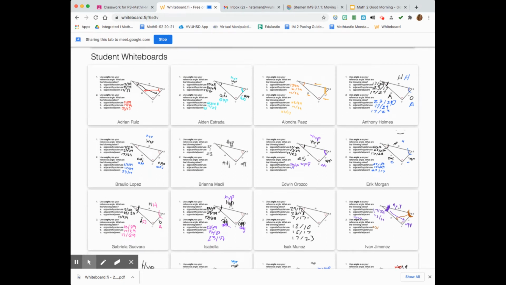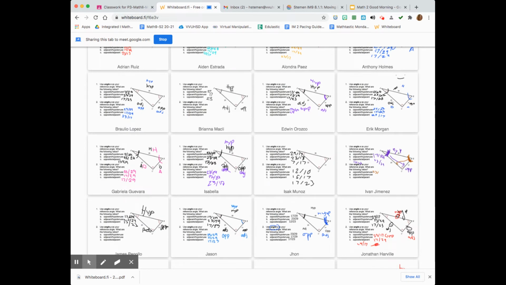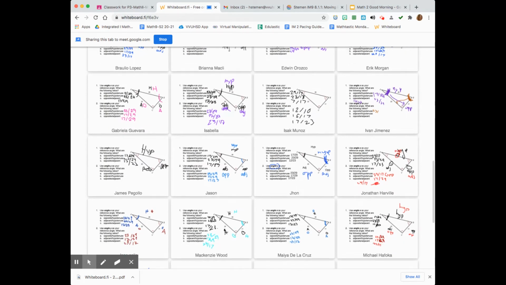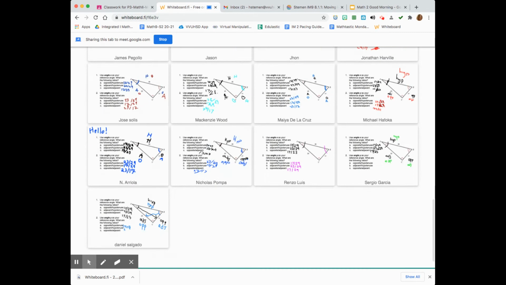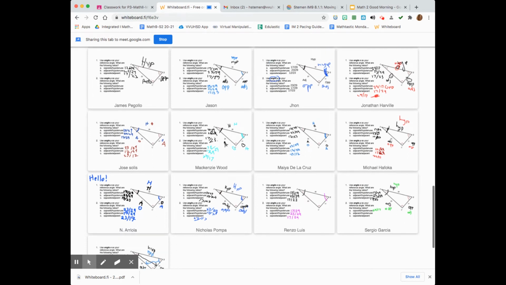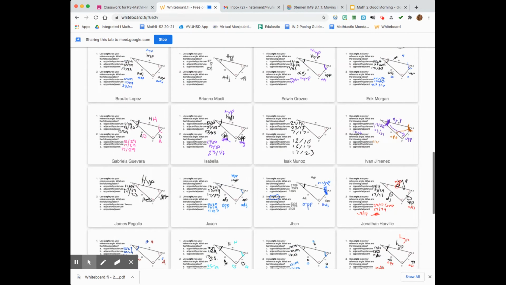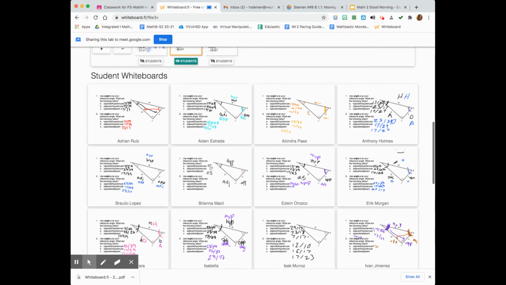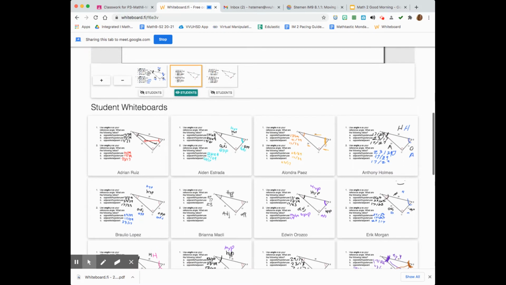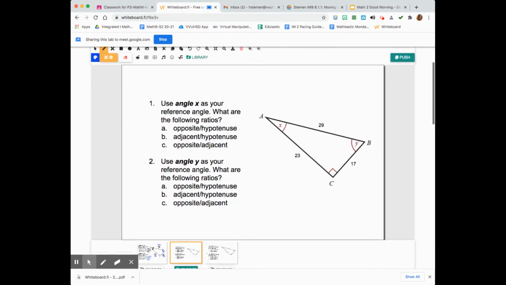And remember, you should have fractions, not just numbers, because we're writing ratios right now. Go a couple more minutes.